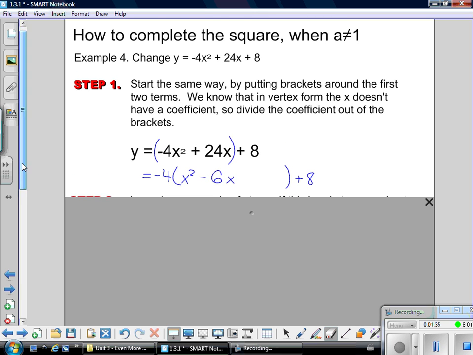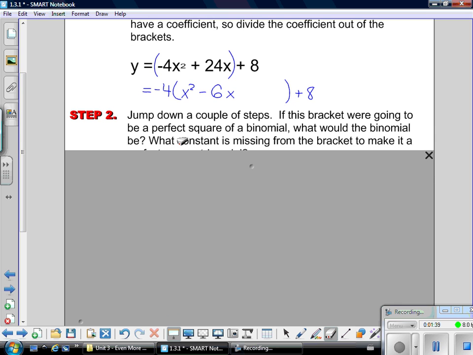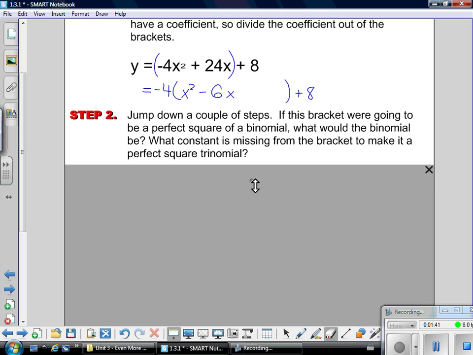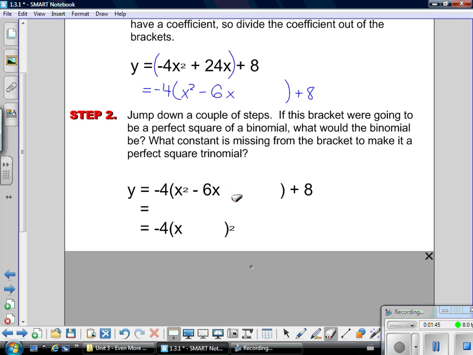Now, like the other one, let's take a look at just this bracket in a sense. So remember, what I'm showing you here is just to understand how the process works. So I know, what do I need to put in here so that in this bracket we have a perfect square? So negative 6, half of negative 6 is negative 3. Negative 3 squared is a positive 9.